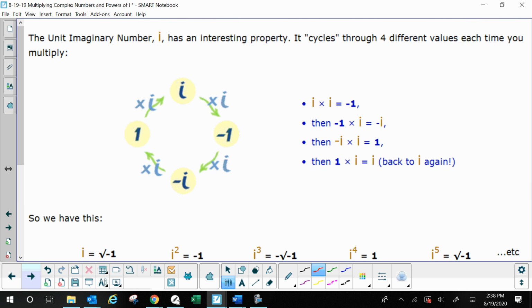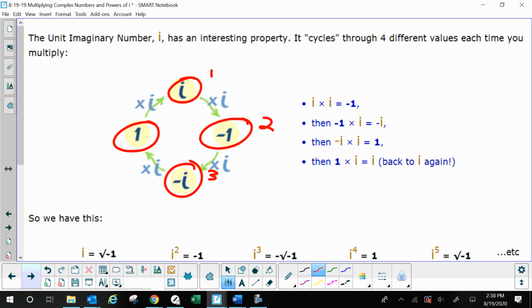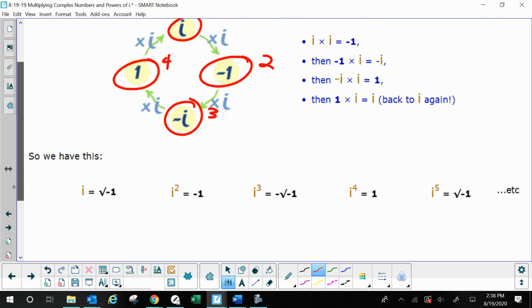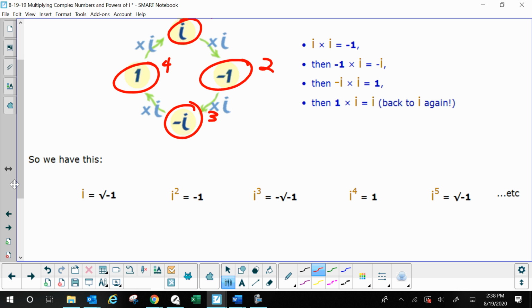So basically it cycles between i, negative 1, negative i, and 1. So it's i, 1, the middle two are negative.